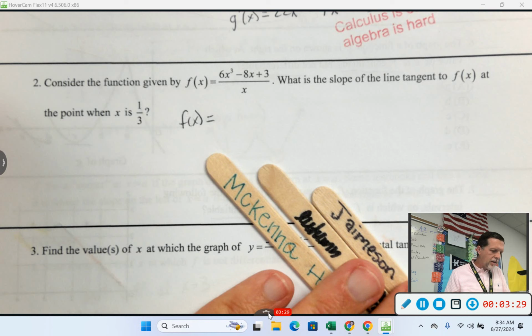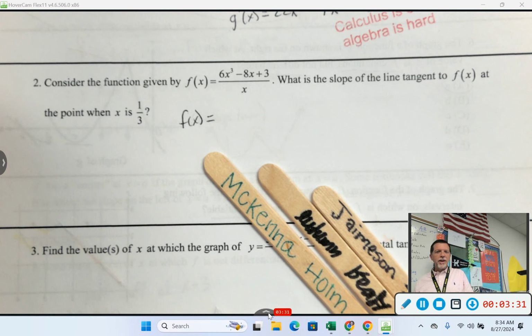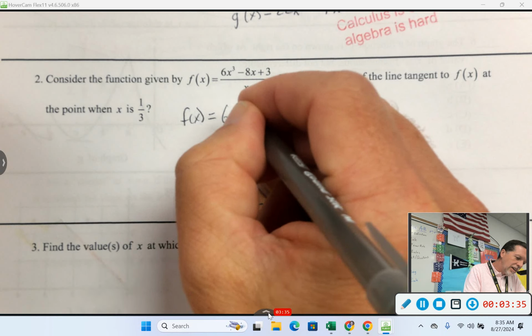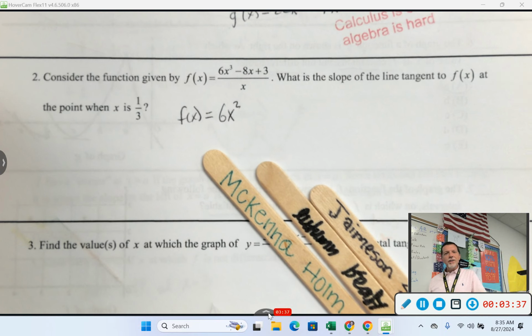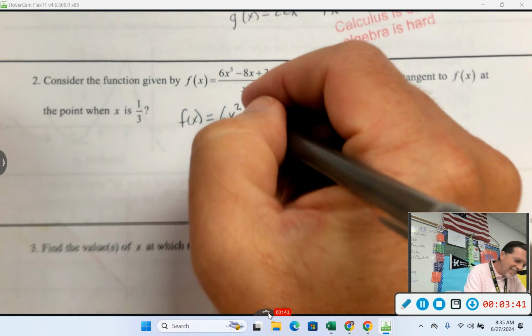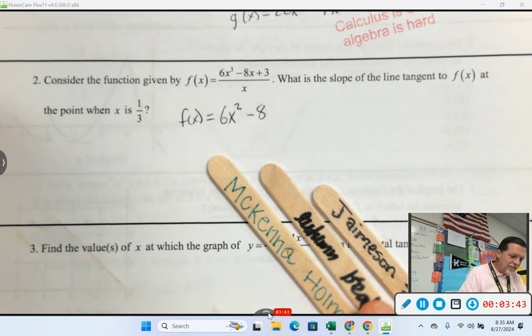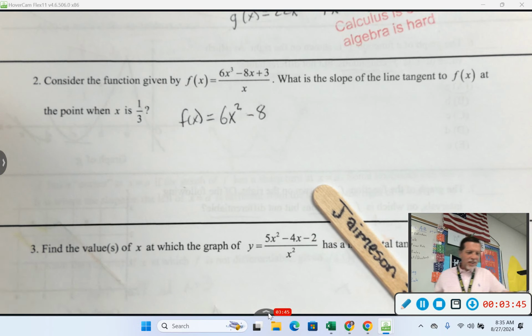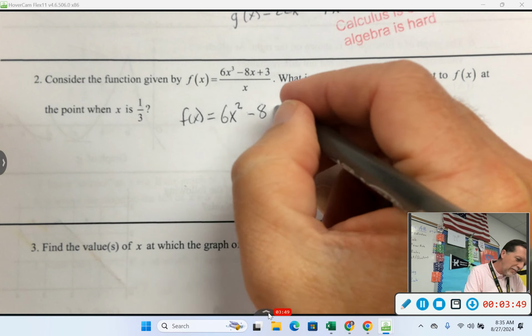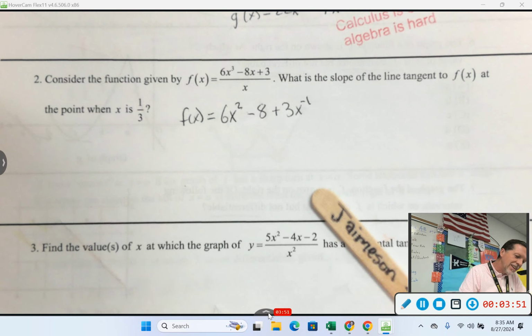So McKenna, 6x cubed divided by x? 6x squared. It's algebra review day. Autumn, 8x over x? 8. Minus 8. Jameson, you get a little bit of a tricky one, I guess. 3x to the negative 1. Yep, 3x to the negative 1.